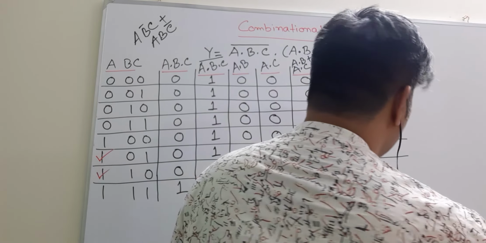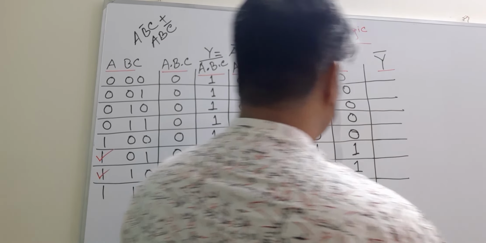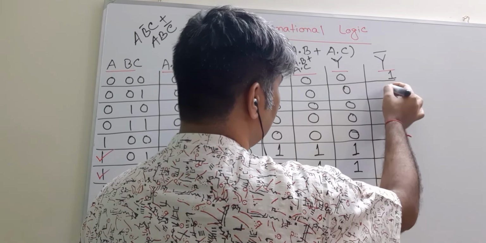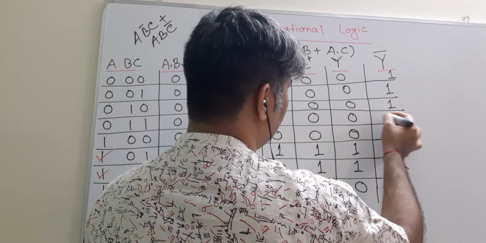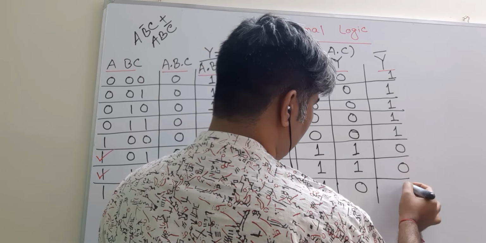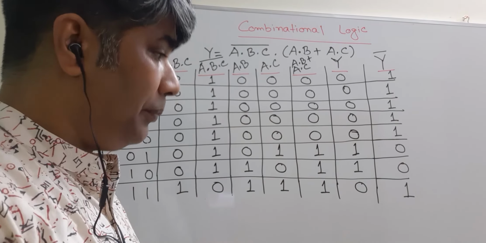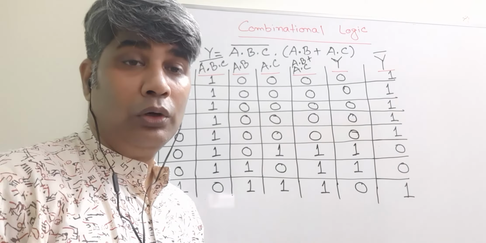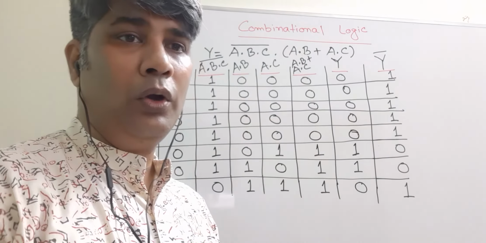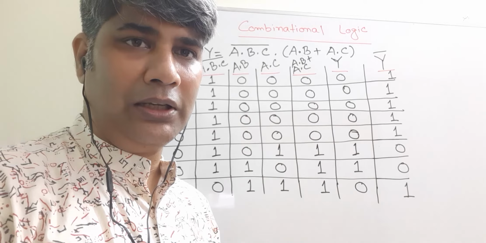Let's figure out what the value of Y prime would be. So Y is 0, so we'll have 1, and then 1, then 1, 1, 1, 0, 0, and 1. So this is what Y prime would look like. In our next segment, we'll see what we can do with this value of Y prime. I hope you will watch our next segment. Thank you.